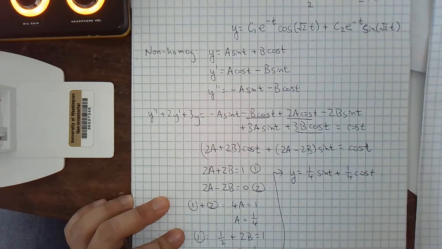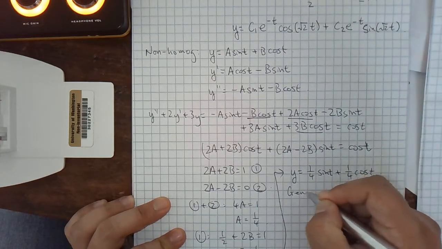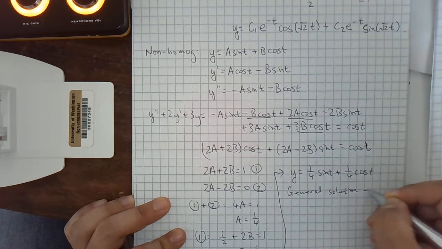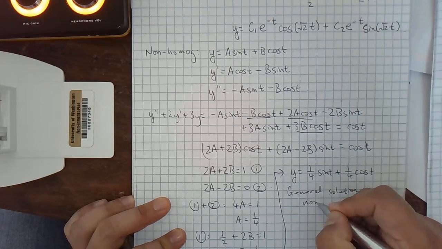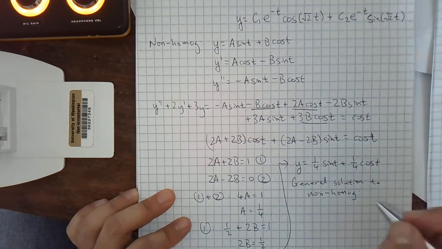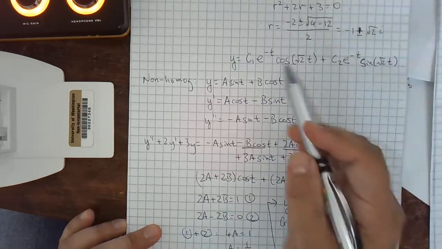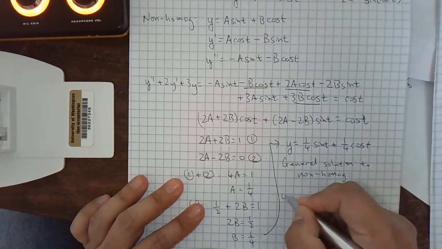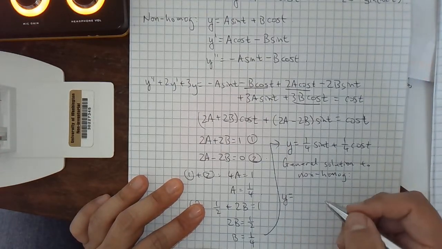And so then our general solution to the non-homogeneous equation, we're going to take our general solution to the homogeneous equation plus our particular solution to the non-homogeneous equation.